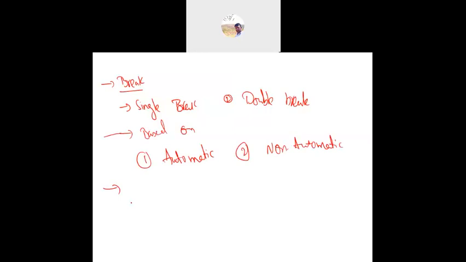Next, based upon the method of control, we have remote control and direct control.